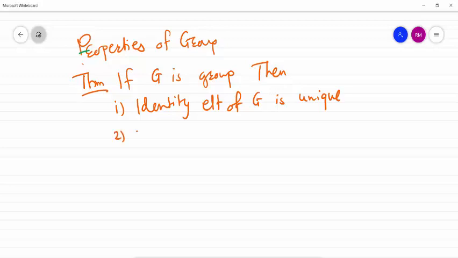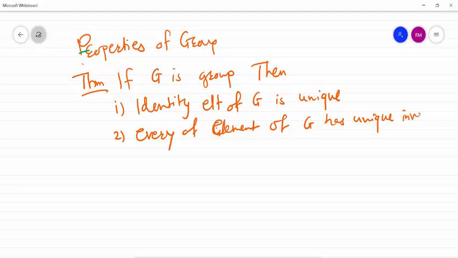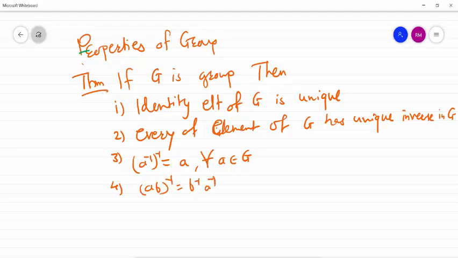Second thing is every element of G has a unique inverse in G. Third is we have to prove A inverse of inverse is A. This is not true for a particular A, but for all A belongs to G. This is the symbol for all A. Then this is also called the reverse law of inverses: (AB) inverse is equal to B inverse A inverse.